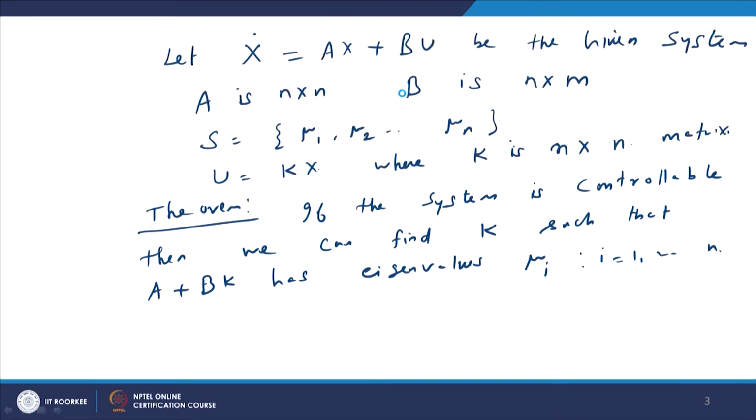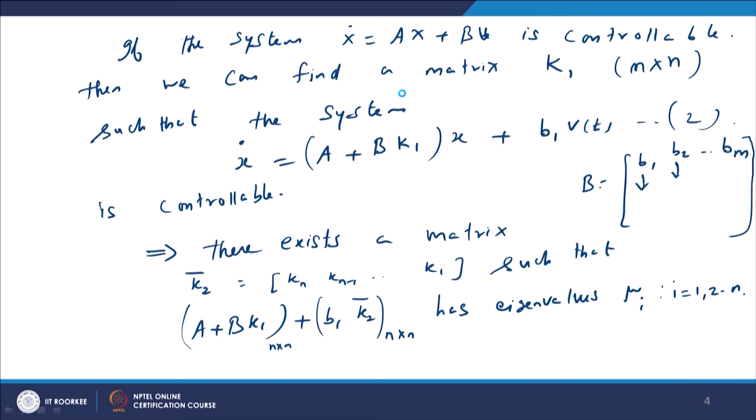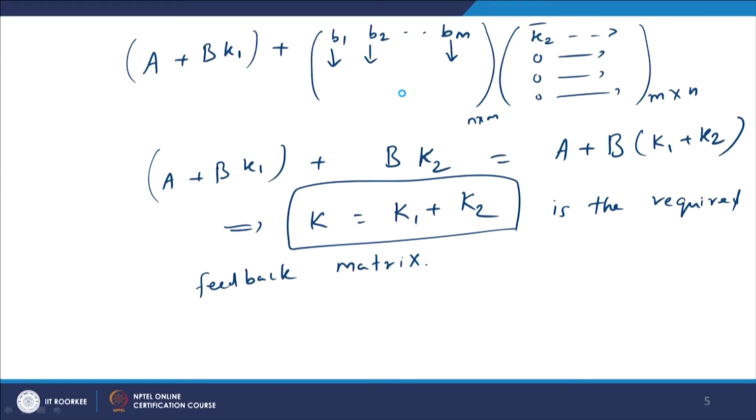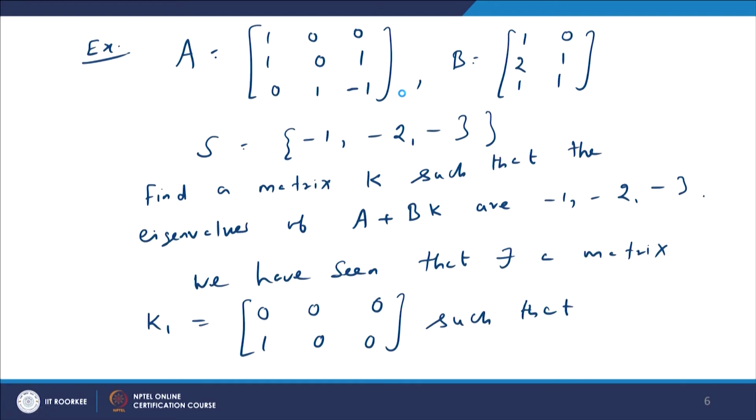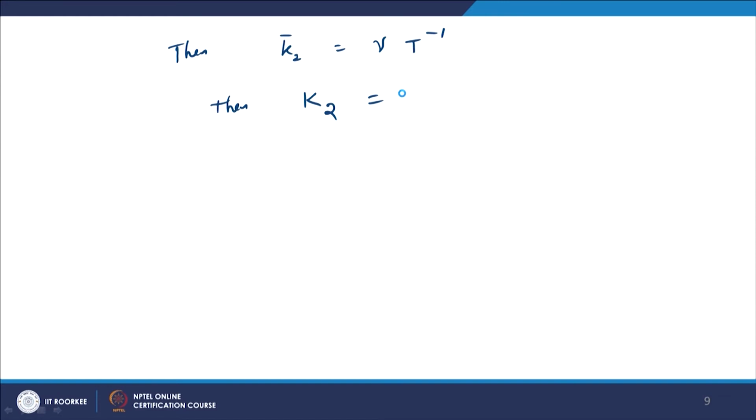We are defining this K2 vector, where the first row is the vector which we found and all the other rows are 0. So, after finding this K2 bar, we will put it in the first row and then all the remaining rows are 0, making it an m cross n matrix.